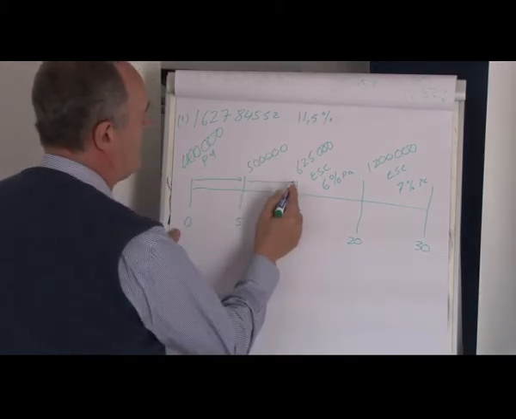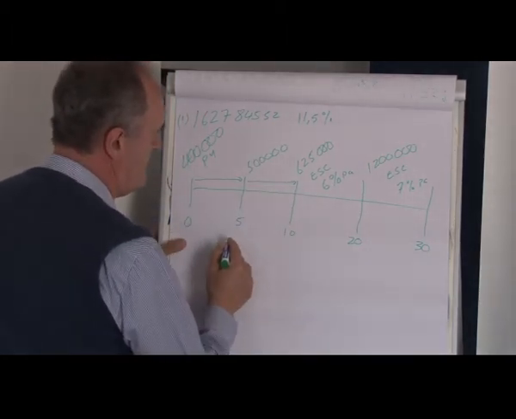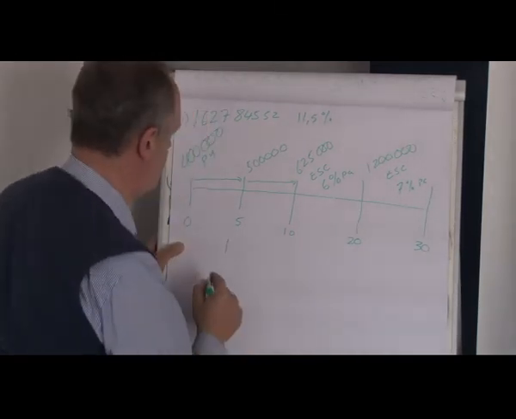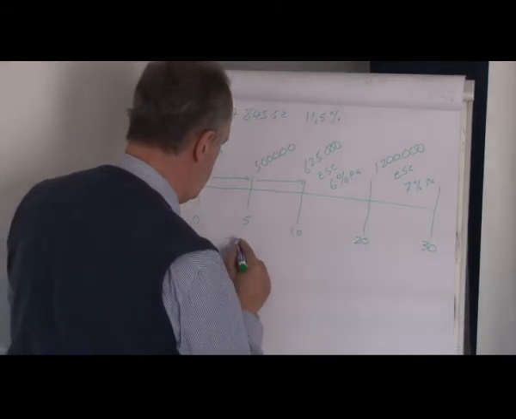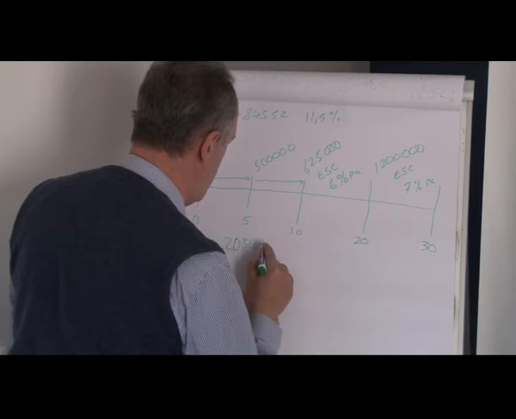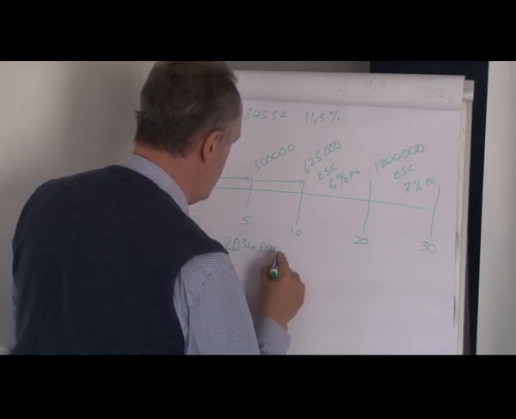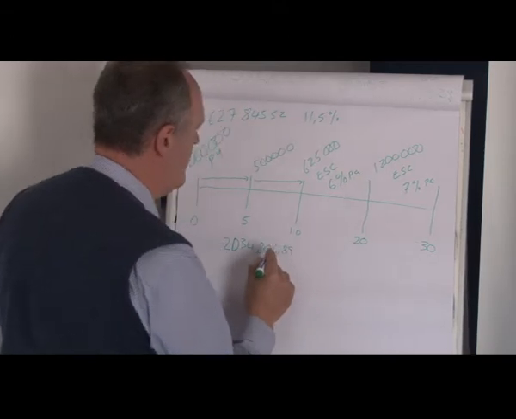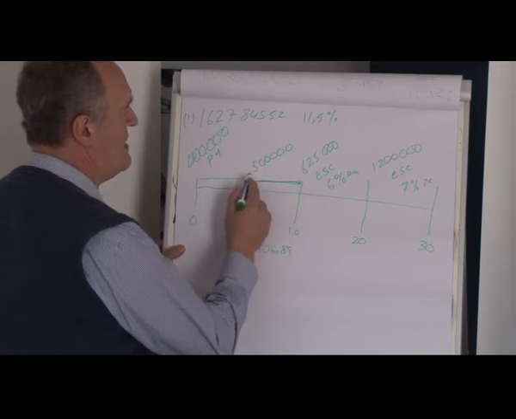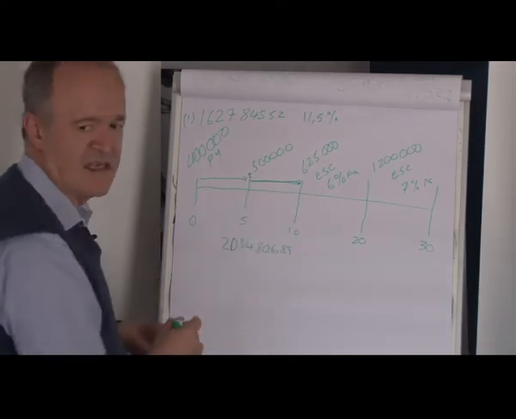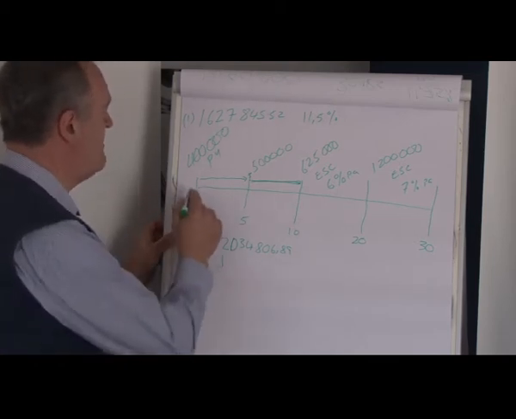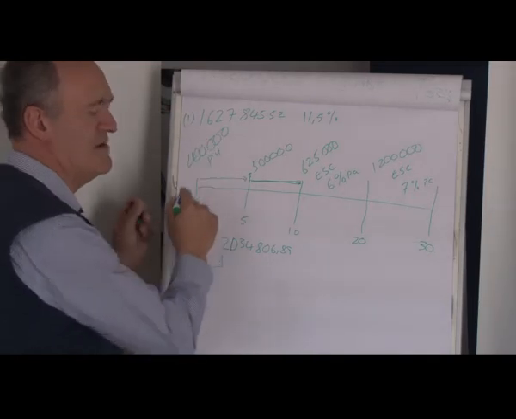Now, when we discounted that figure of 500,000, I got a figure here of 2,034,806.89. But now remember we've discounted that 500,000 for that period, and we are over here now, at the beginning of the 6th year. We need to further discount that to get to the same point in time as that value.